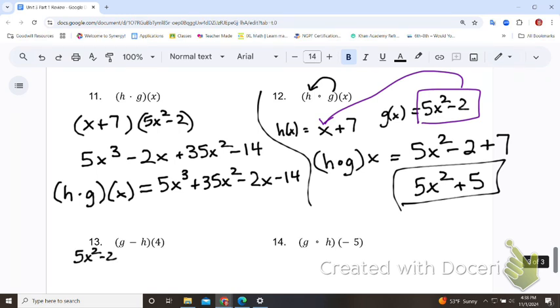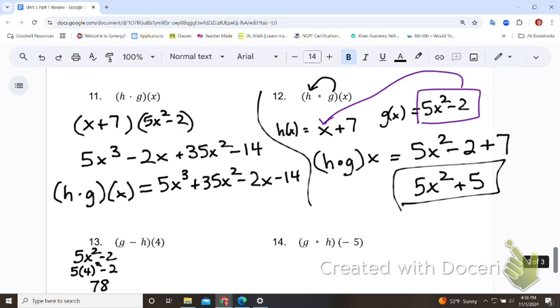If I plug 4 into 5x squared minus 2, because that's my g function, then this is 5 times 4 squared minus 2. So that's 5 times 16. That's 80 minus 2, 78, right? You could just type that in your calculator. Notice the squaring happens before you multiply by 5.